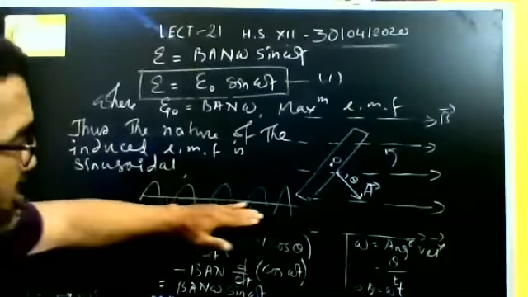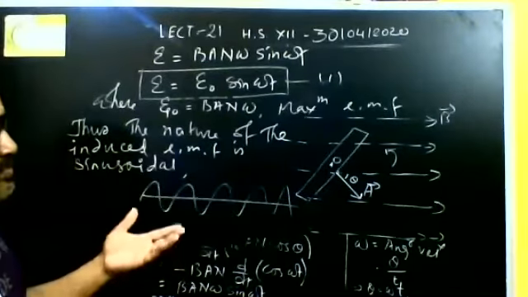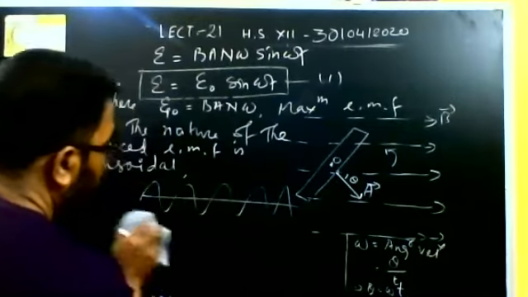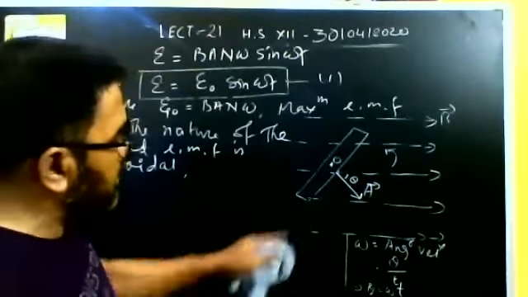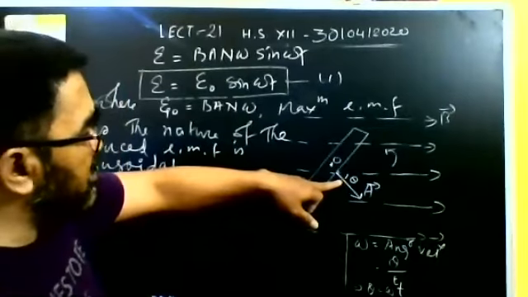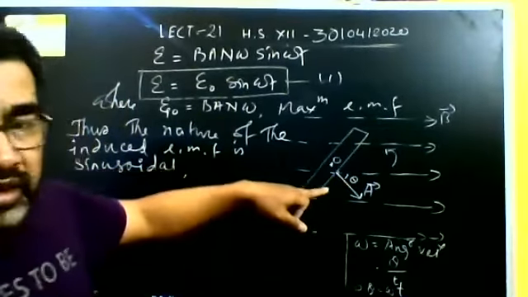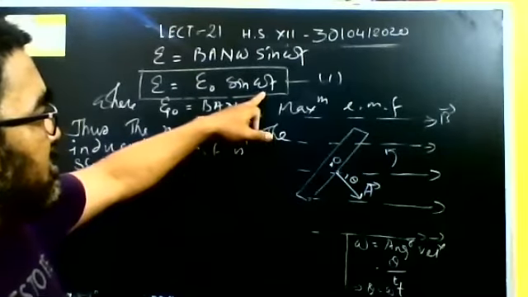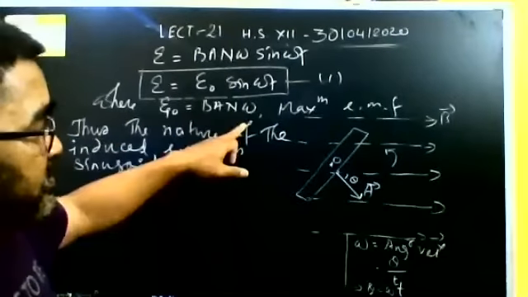So how we will get this sinusoidal curve from this? Suppose if this rotates, if theta becomes 90 degree, what will happen? This becomes epsilon naught, that is peak value.